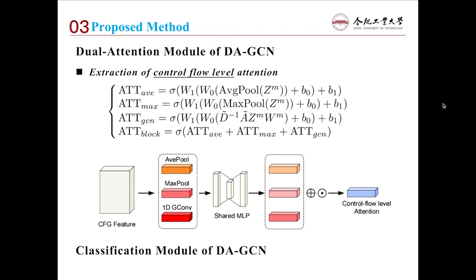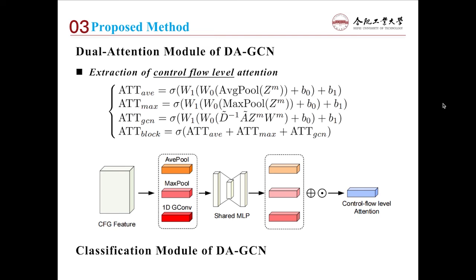Moreover, to better aggregate the attributes of each node and its neighboring nodes, we also apply a one-dimensional graph convolutional layer. The features extracted from the layers above are fed into a shared MLP with a hidden layer and then added together to calculate the attention coefficients at the control flow level.